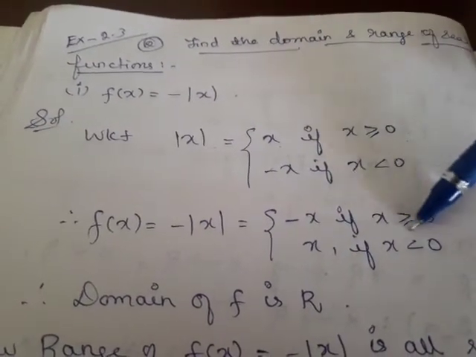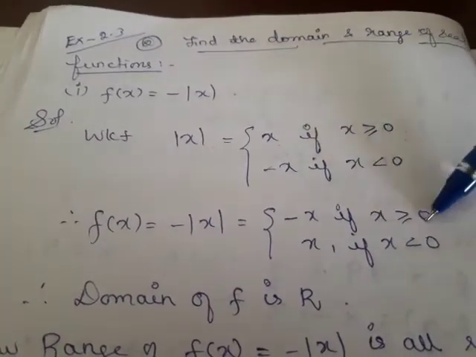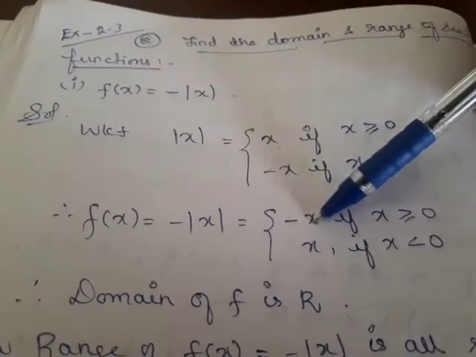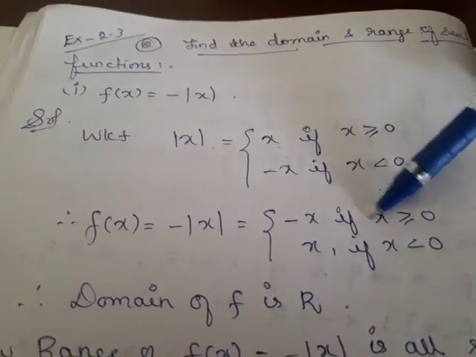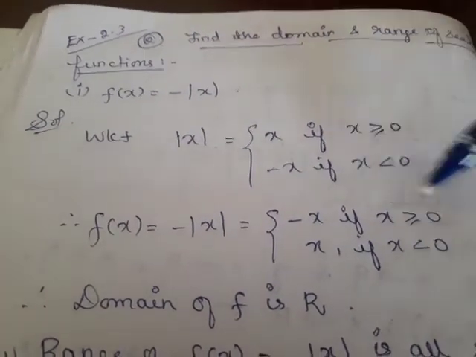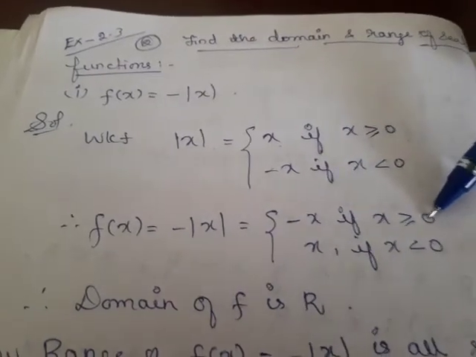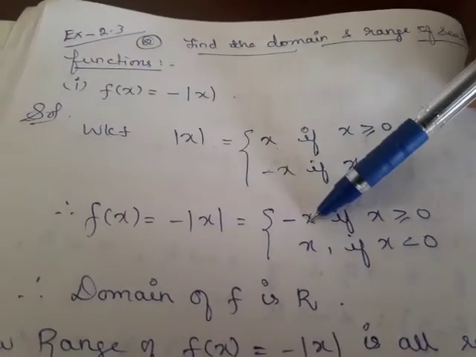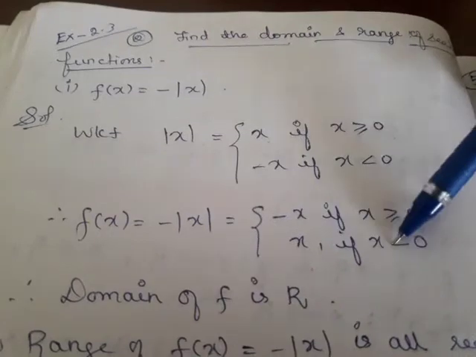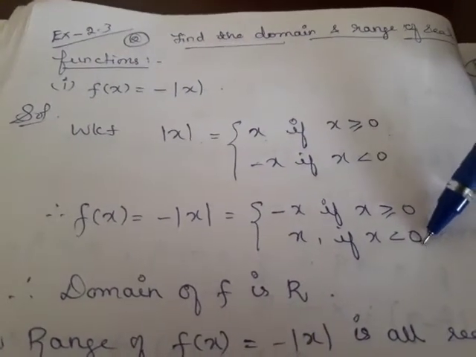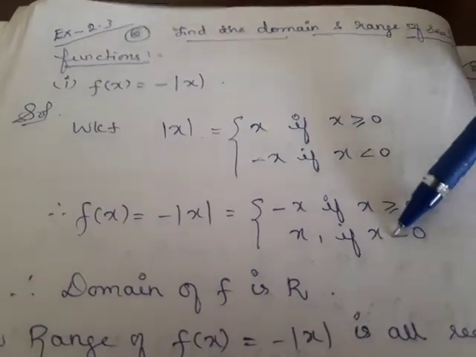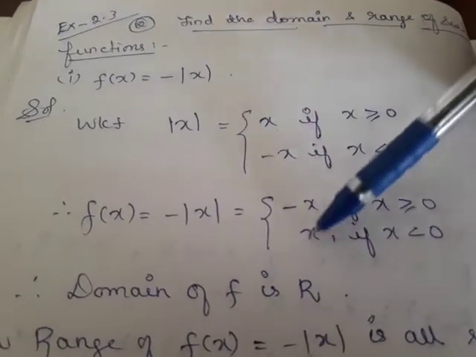from the domain, a positive number from the domain, then it will map to the negative number, right? If we choose a positive number from the domain, 0 or a positive number from the domain, then it will map to its negative. If we choose a negative number, x is less than 0, it will map to the same number.